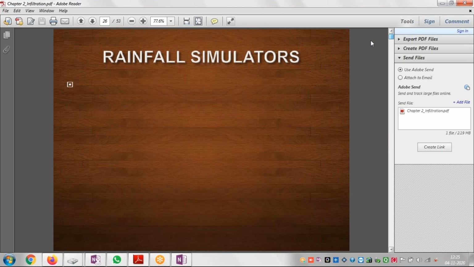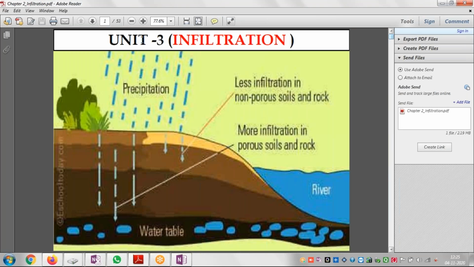See here, we have already seen, this is not unit 3, actually this is unit 2. We can say chapter 2, right? This is not chapter 3. This is chapter 2. Okay.